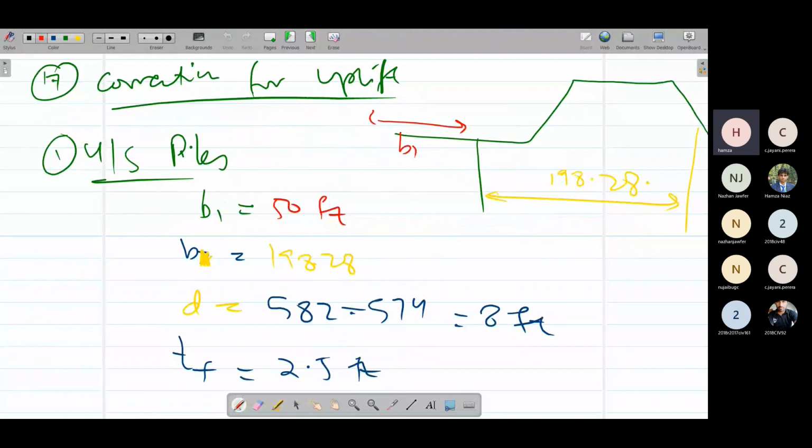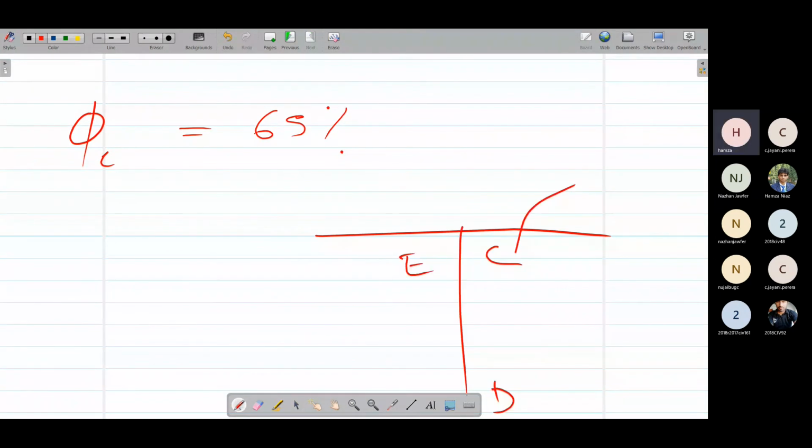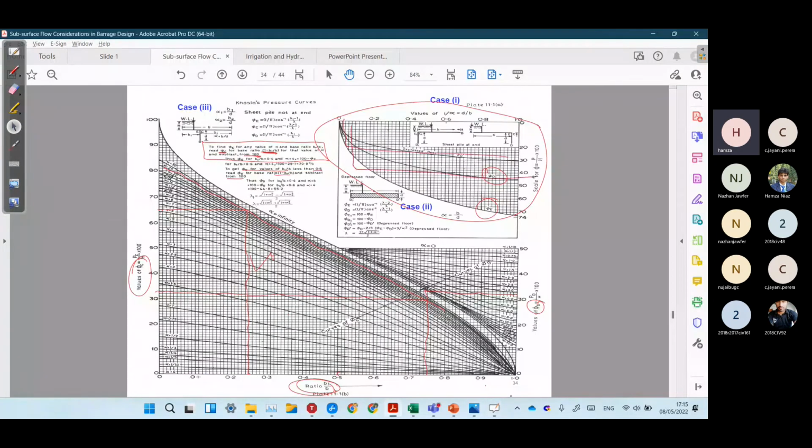Because the exit gradient we are assuming, if I draw this, this is C, this is D, this is E. We are assuming the exit gradient is 0. So phi C is 0. So phi D and phi E we can directly get from these graphs. No need for any B1 or B calculations. Just calculate 1 over alpha on the x-axis and check these phi values.